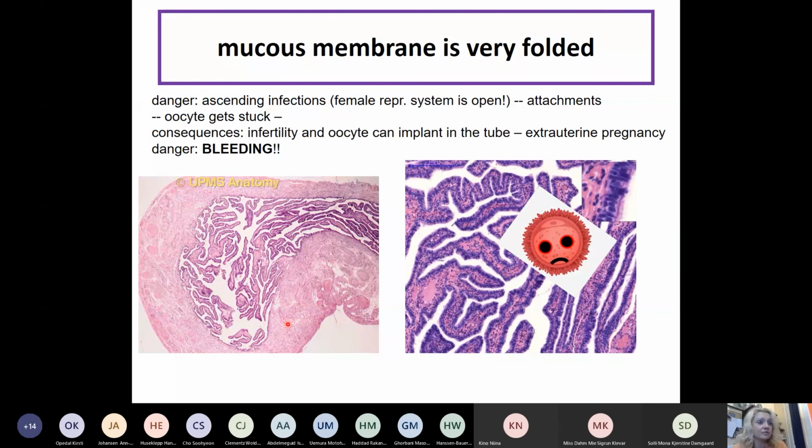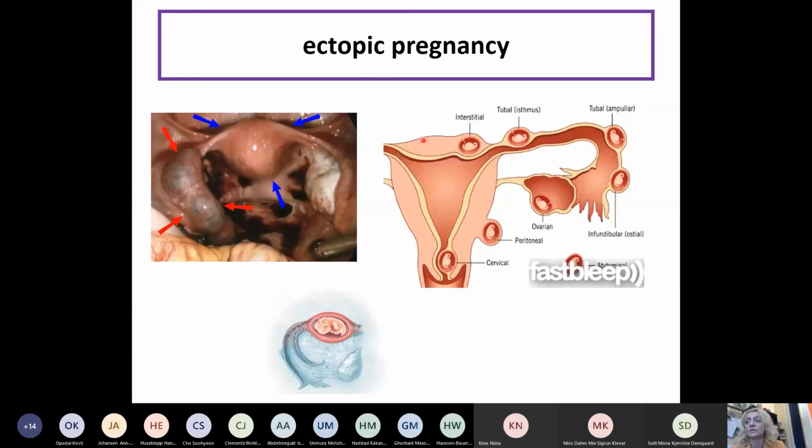It's too thin for that, and this is very, very dangerous for the mother. Here, you learned this also in first semester embryology, that implantation can happen in many other places. Most commonly, ectopic pregnancy happens in the wall of the uterine tube, and here you can see a developing embryo in the fallopian tube.